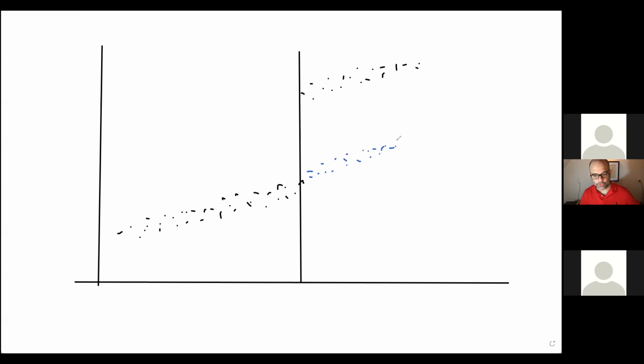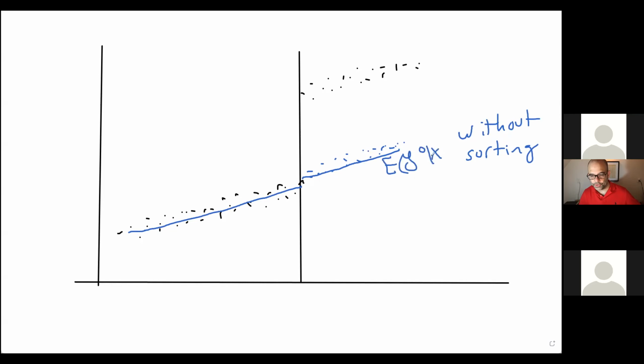So this is without sorting. All right, without sorting, so this is Y0. So this is the expectation of Y0 given X. This is the X, and this is the expectation of Y1 given X.